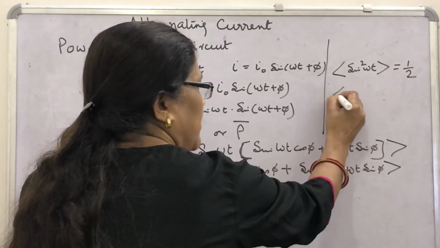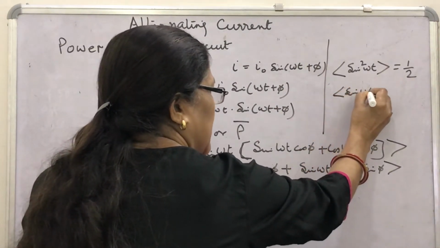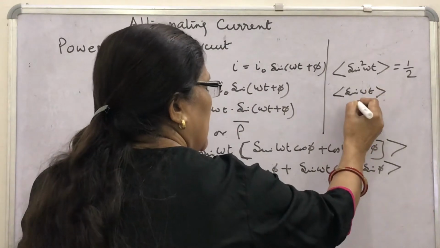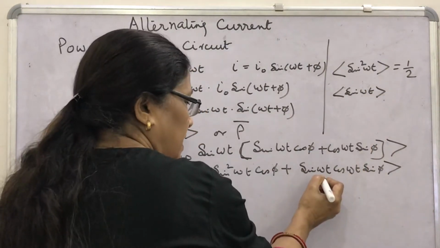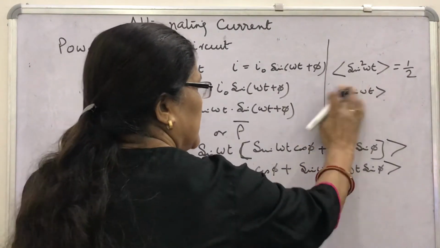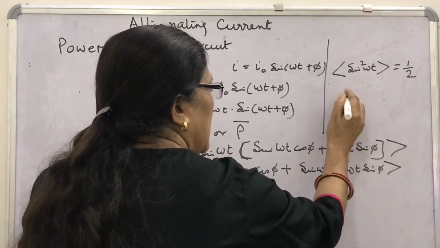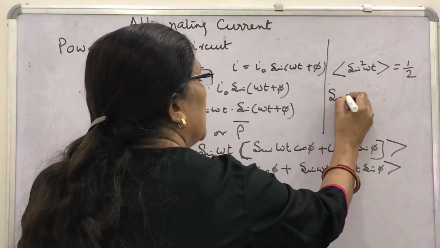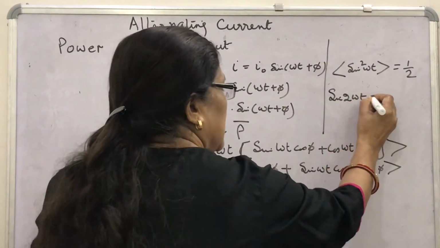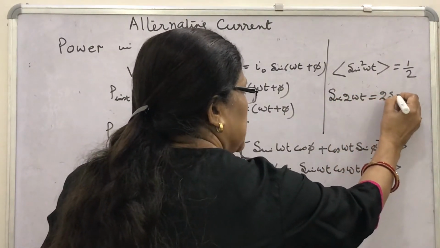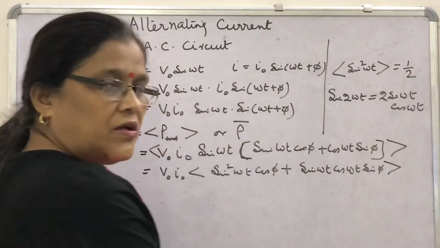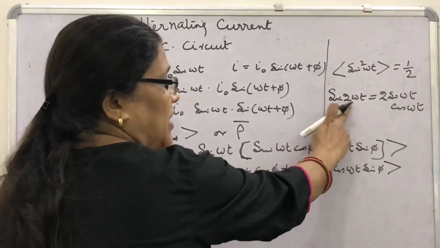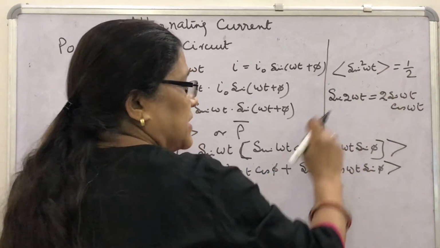These average values of sin omega t, or you can write here, if you write the formula that sine 2 omega t is given by 2 sine omega t cos omega t. This is a relation sine 2a equal to 2 sine a cos a.